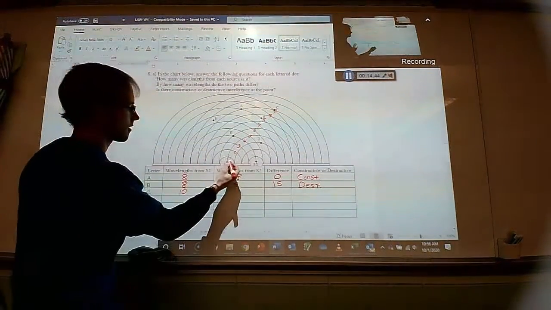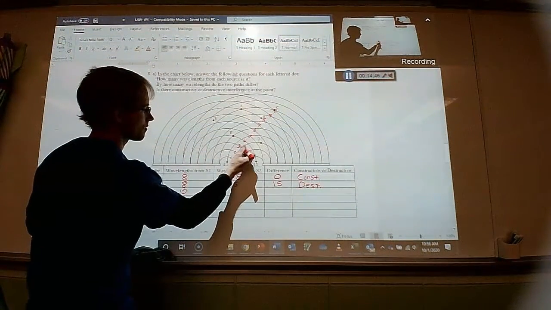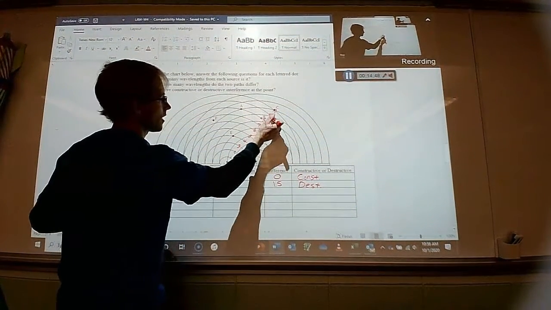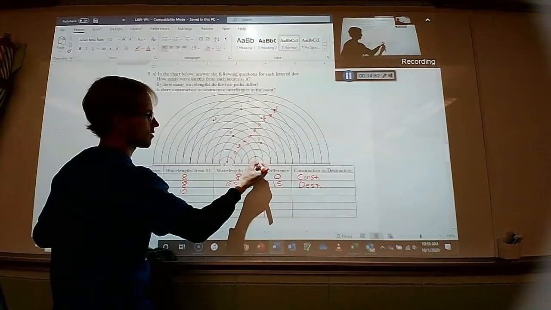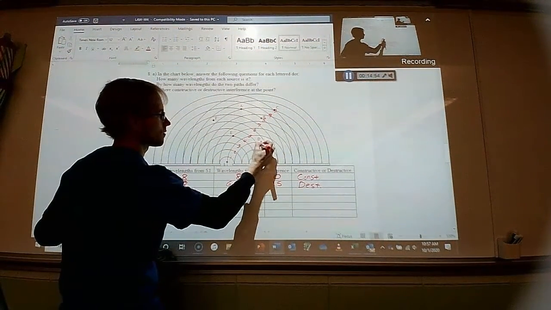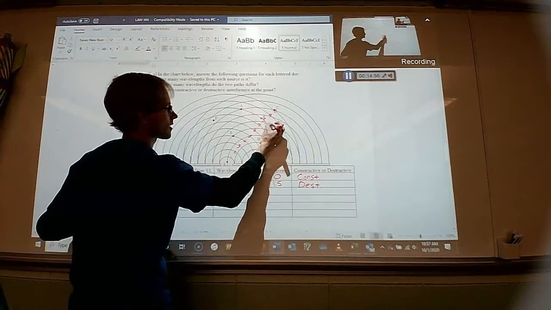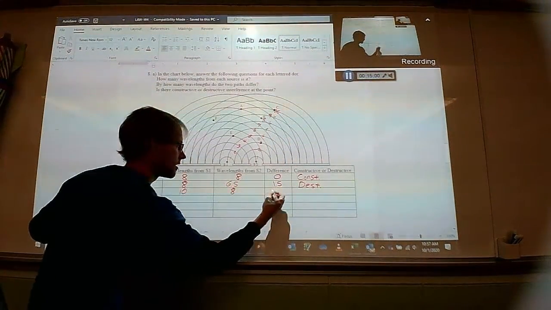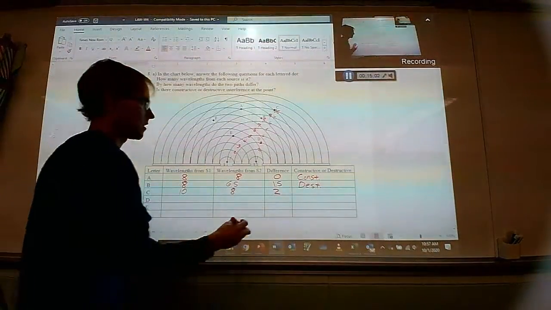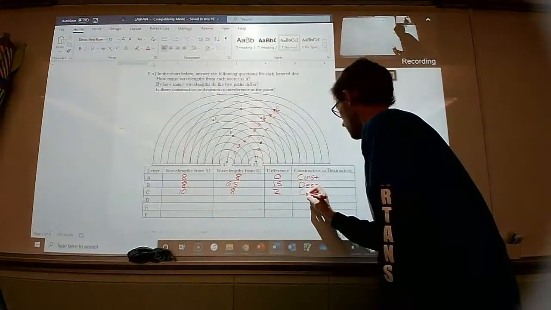Maybe I counted wrong. 1, 2, 3, 4, 5, 6, 7. I think it's 10. And then from S2 we've got 1, 2, 3, 4, 5, 6, 7, 8. So I got 8 there. Difference of 2. Constructive, absolutely.